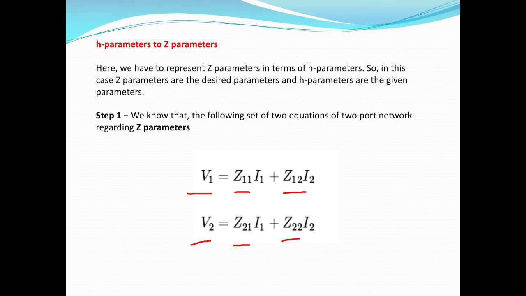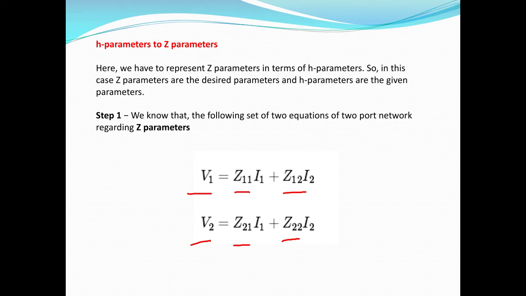In step first, we know that the following set of equations of two-port network regarding Z parameters are V1 is equal to Z11 I1 plus Z12 I2 and V2 is equal to Z21 I1 plus Z22 I2.